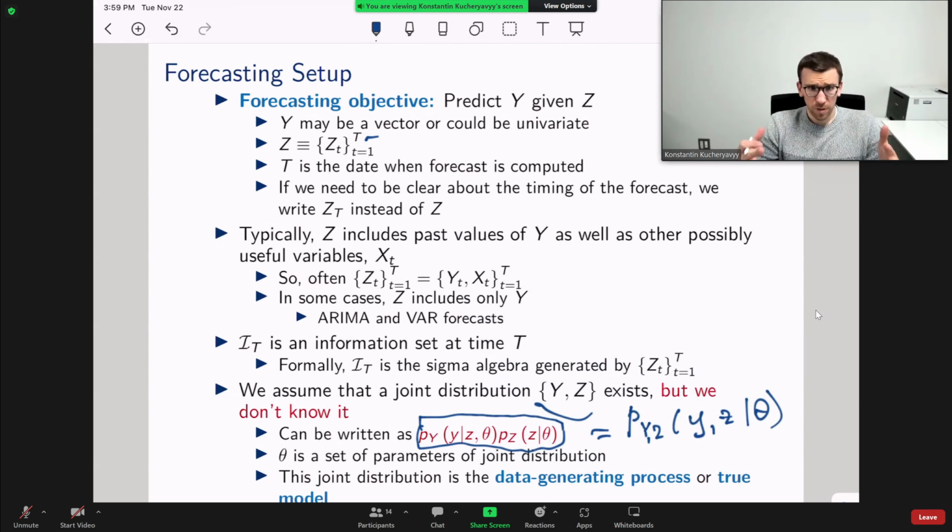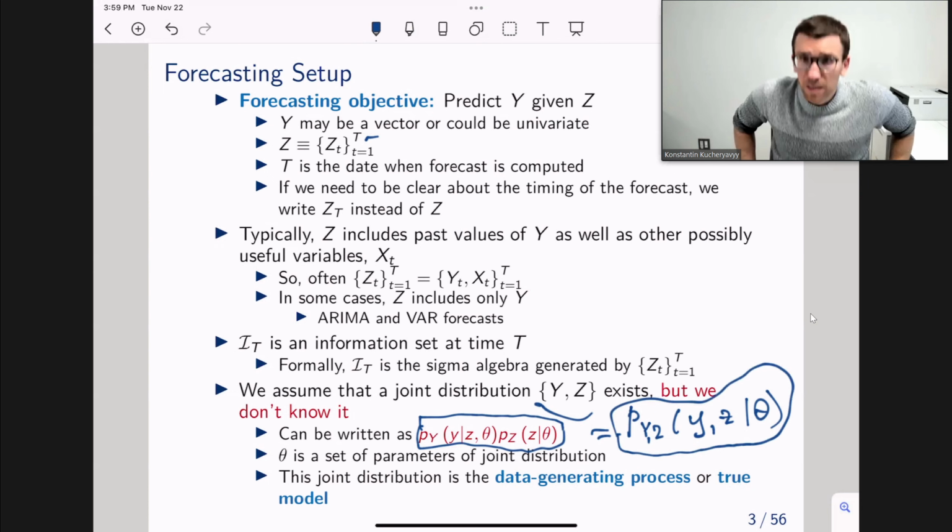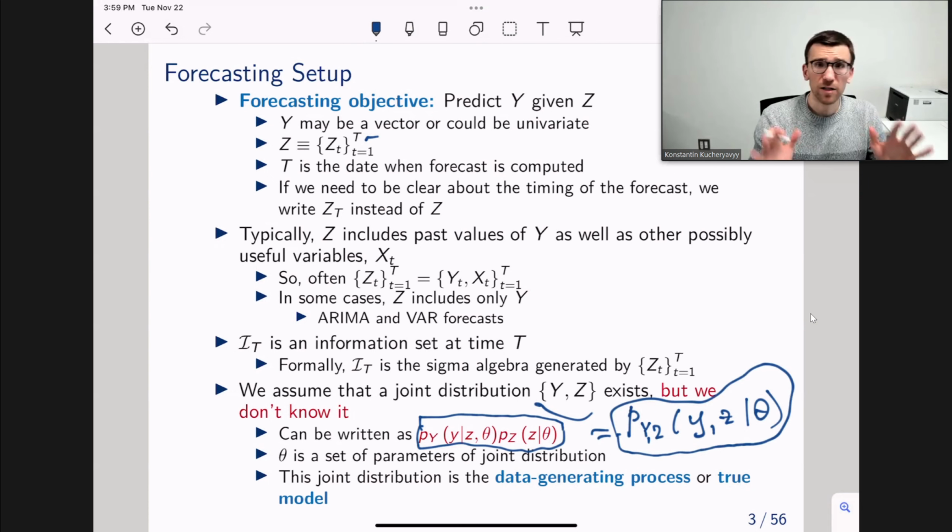So we are dealing with a parametric forecasting problem, and one place where we impose parameterization is that we usually assume some functional form for this object, and we say that we know the functional form, but we don't know the parameters, and we use the data to learn the parameters.